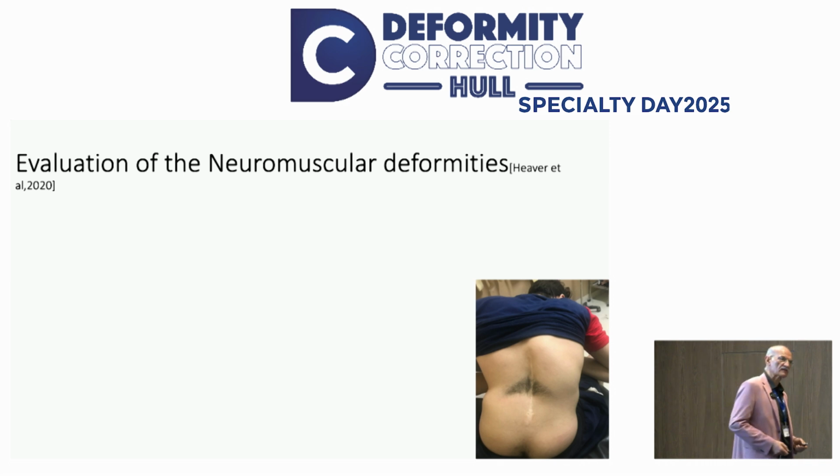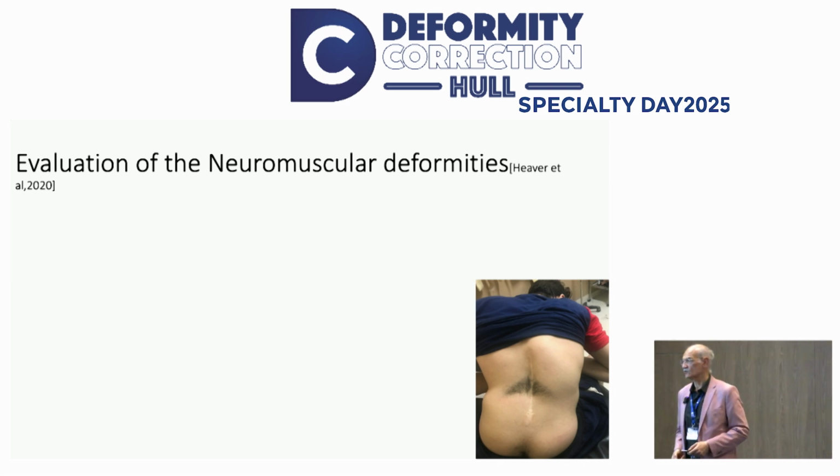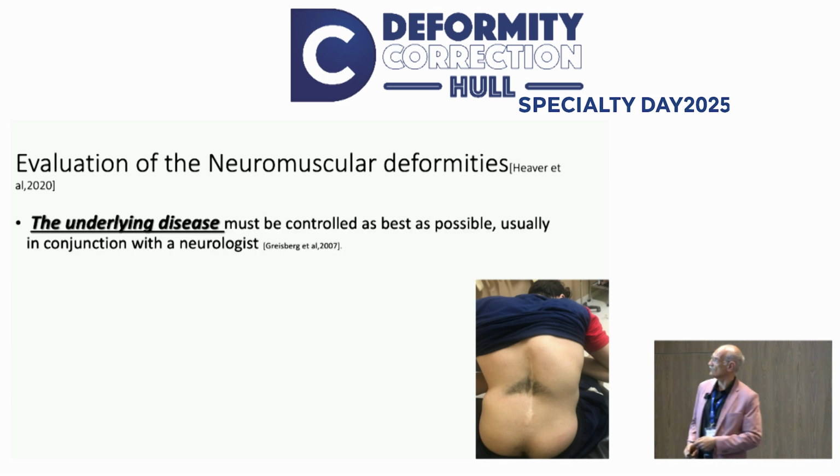You have to examine the spine, you have to examine the hip, perhaps you have a dysplastic hip, you have to see the knee, and I will show you examples. Like this picture. This patient had spina bifida, a high one. So the underlying disease must be controlled as best as possible, usually in conjunction with a neurologist. You need a neurologist. In many cases, when you have a cavus stiff foot and we don't have a real diagnosis, we send him to the neurologist.